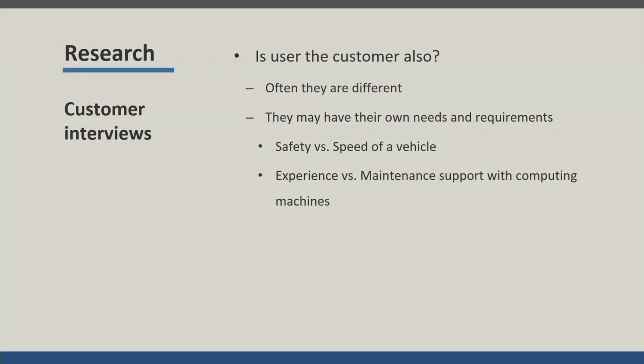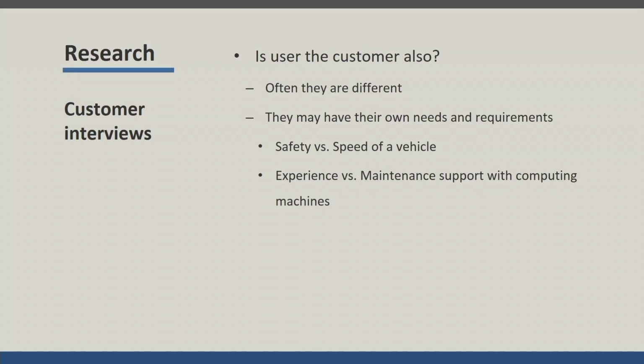While the employees might demand computing machines which give a better experience, the employer might be in need of computing machines which are good at maintaining, okay? So he may look for computing machines which either require lesser maintenance, or in other cases where the maintenance support is there all the time.